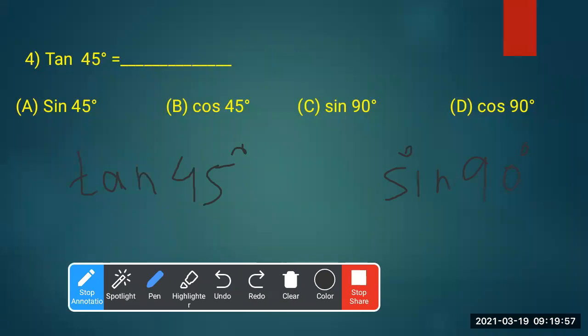That means tan 45 and sin 90 have the same value. Tan 45 is 1, and at the same time sin 90 is also 1. So tan 45 is equal to sin 90, and the correct option will be C. If such a question comes, you just have to recollect the table of trigonometric ratios explaining the values of different angles.